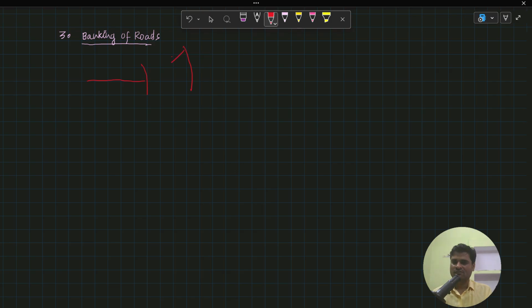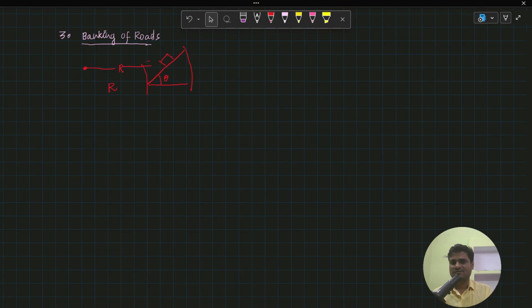You will see how. So this is our road, and this is angle theta, this is radius, our center is somewhere here, this is radius r, and this is our car or vehicle, and this is going with the velocity v.